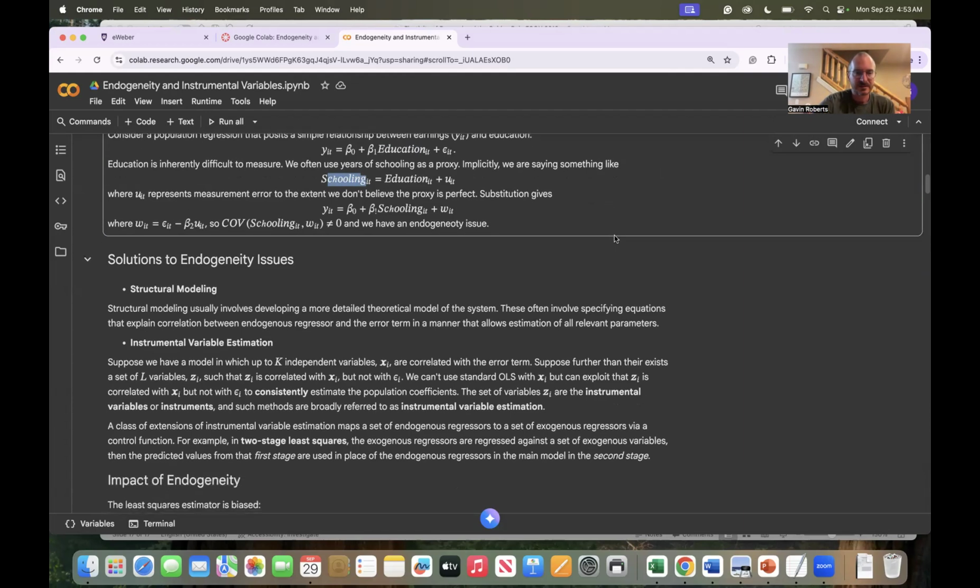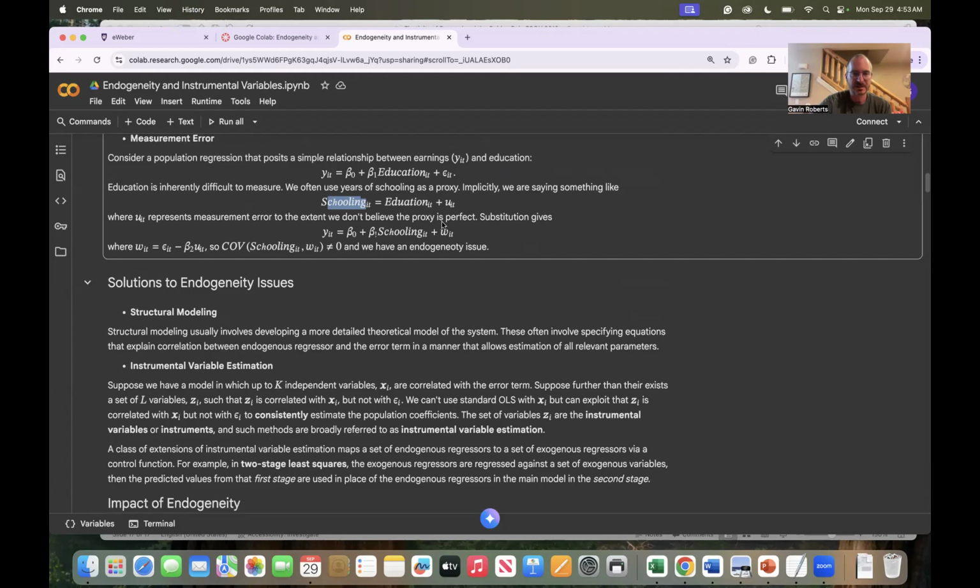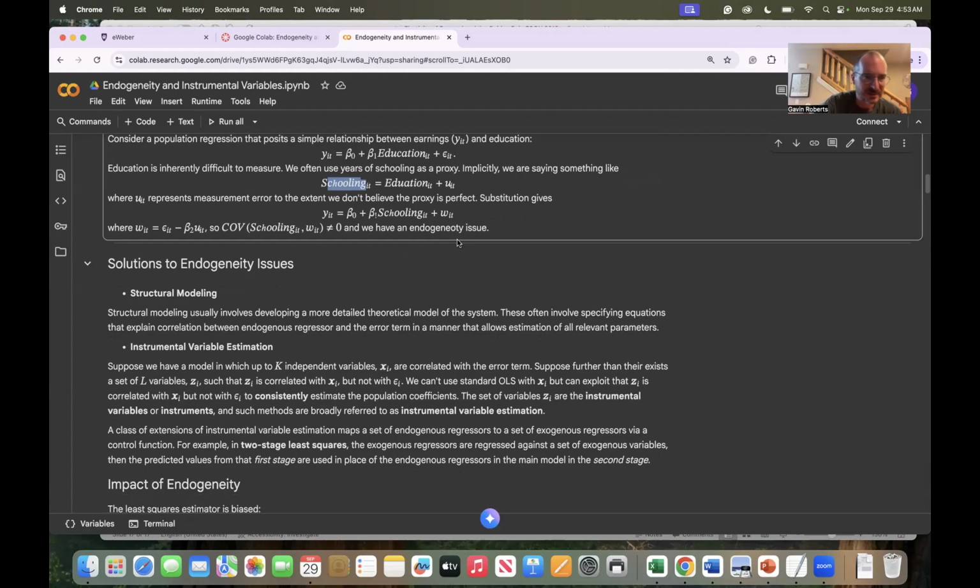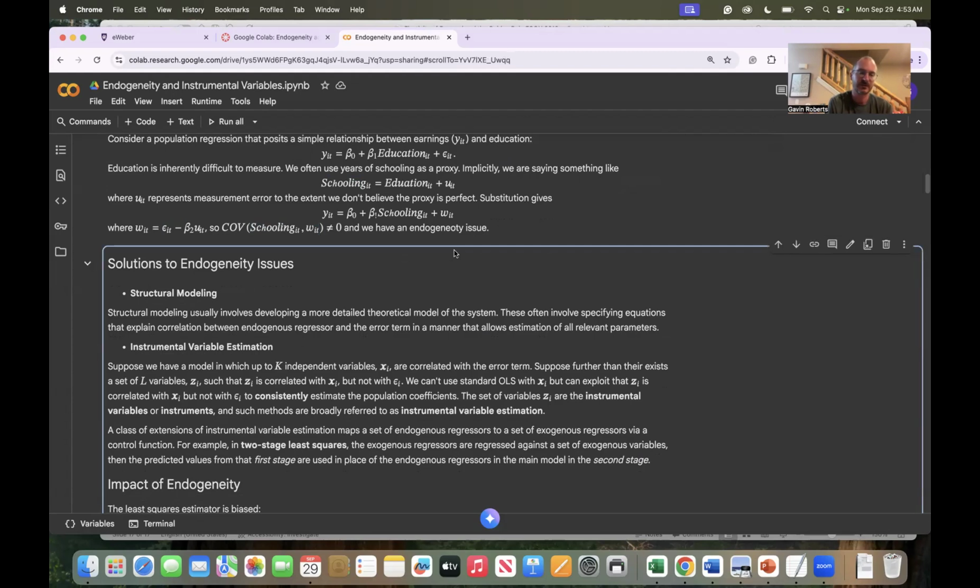So if we had this, then we'd have y_it really equals beta times schooling plus w_it, where schooling equals this guy. And then, of course, the covariance of schooling and omega is not equal to zero, for the same reasons we've expressed above. So there's a bunch of different reasons.